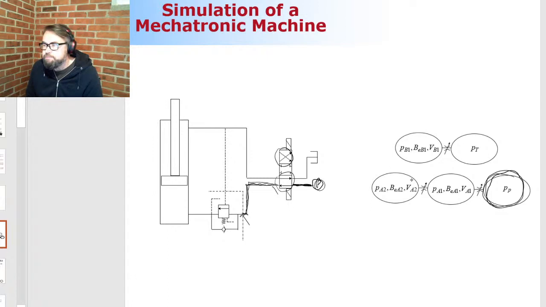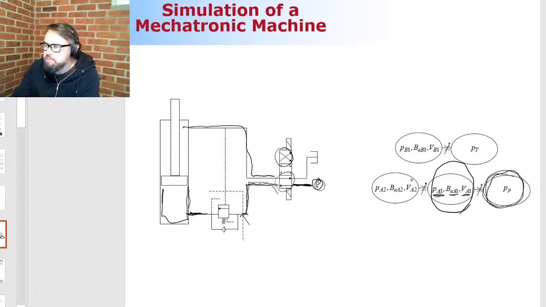Okay, this can be modeled by using this volume here. Again, we're going to compute the pressure here. There is an effective bulk modulus and volume size. And then the counterbalance valve is connected to the piston side. And then the piston rod side is connected here. This pilot drive is not modeled.